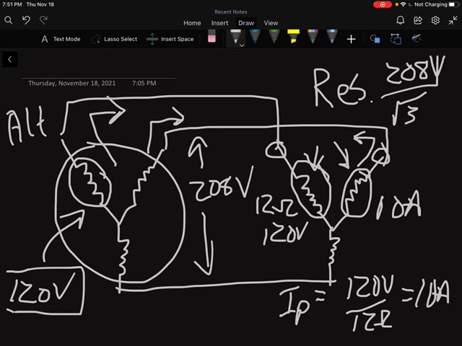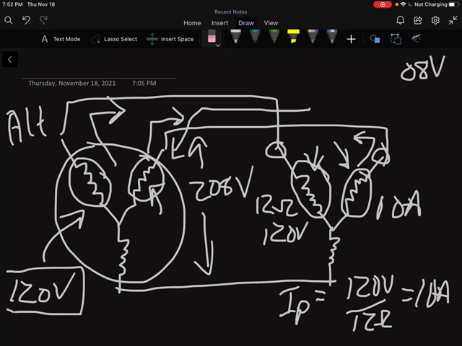And if we continue to follow that current all the way back to our alternator, because the alternator is also in Y, and because there's no additional loads added in, we would find that the current drawn at that coil would also be 10 amps. So essentially at this point we've calculated everything except for our three-phase power.